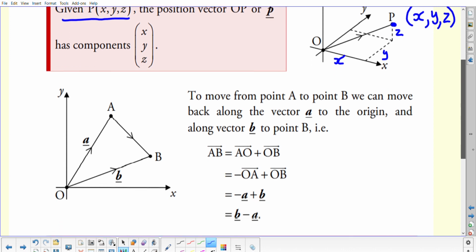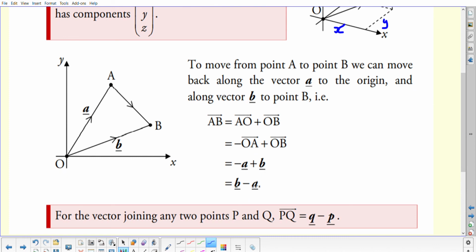Now, a very important result that you can get from this is if you're going between 2 points on a coordinate grid. So this diagram here demonstrates what the result is and how we get it. If you have the point A and the point B, and we said that relative to the origin, their position vectors were lowercase a and lowercase b, but we want to create a new vector that takes us from point A to point B. We can write this down in a vector journey.